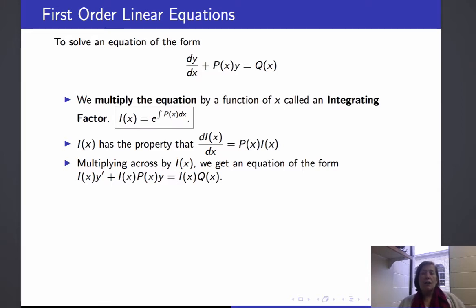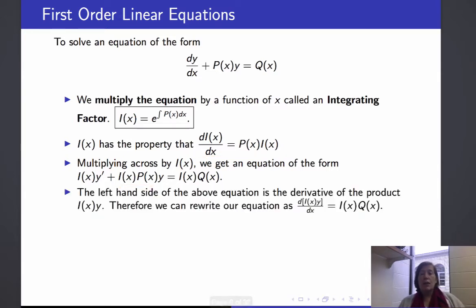I have the integrating factor I of x times y prime plus the derivative of the integrating factor times y. That should remind you of a rule of differentiation that we studied in Calc 1. The left side of the equation is the derivative of the product I of x times y. So we can rewrite the entire equation as the derivative of I of x times y, dx, equals I of x times q of x.